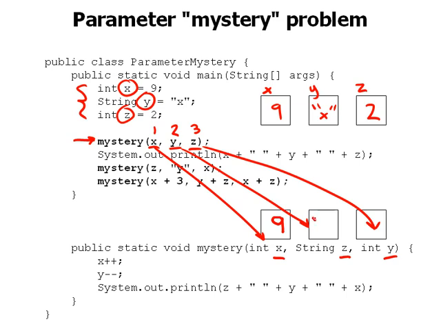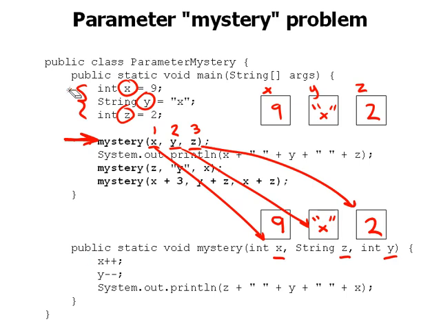The string y up there has the value x inside of it. And this third parameter, int y, gets its value from z from the main method, and so z has the value of 2. So now when we're interpreting the output from this first method call, we have to use x of 9 and z of the string x and y of 2 to figure out that output.